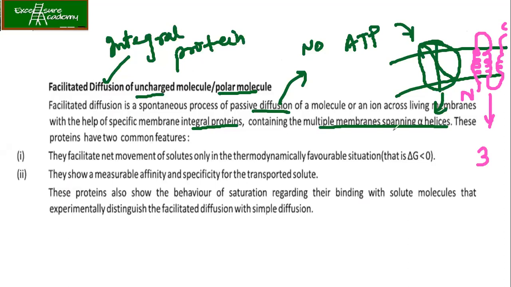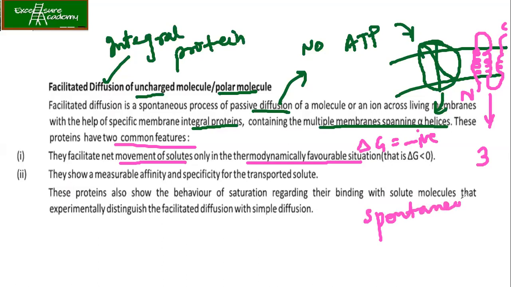Okay. Now, these proteins have two common features. What are those features? They facilitate net movement of solutes only in the thermodynamically favored situation. It means what? Your delta G is going to be negative. So, what does it mean? In other words, it is going to be spontaneous. We don't need any energy. It is a spontaneous process.